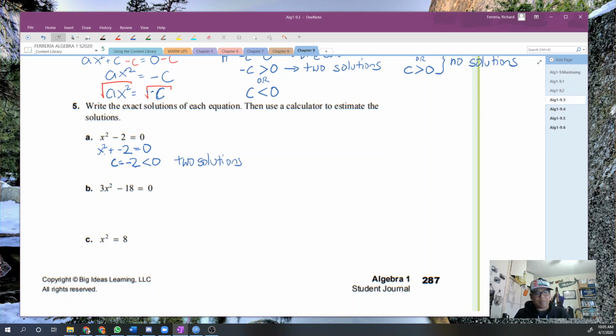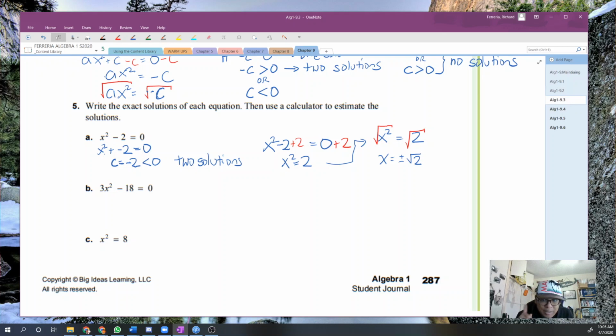So now we've got to solve this. The first thing to do is add 2 to both sides of the equation, and that gets us x squared equals 2. Next, we're going to square root both sides of the equation, and that gets us x is equal to the positive and negative square root of 2.